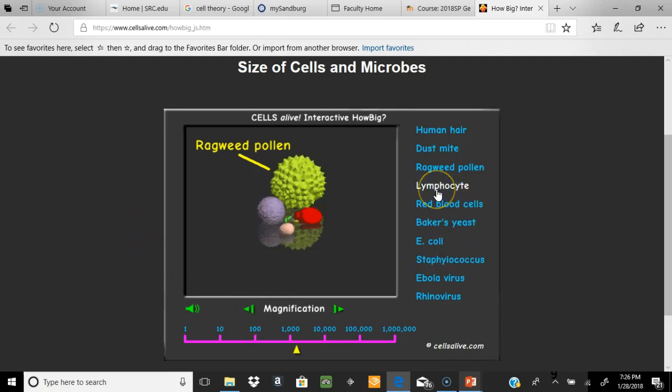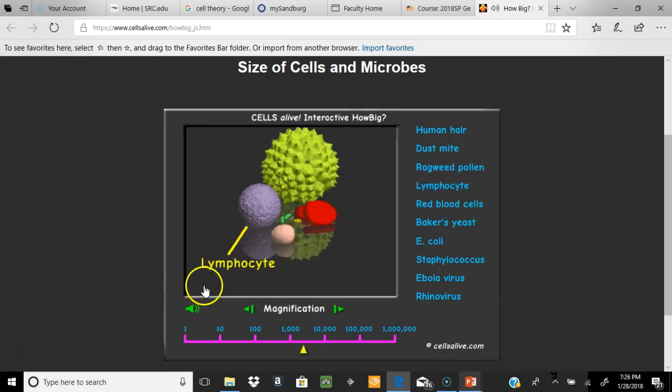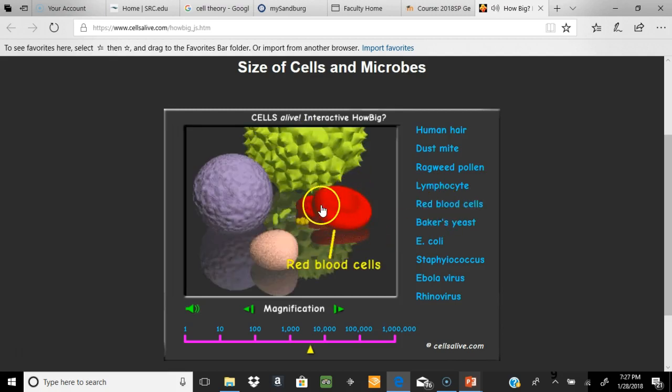So, that's a lymphocyte. A lymphocyte is a white blood cell that attacks specific pathogenic invaders. This is a eukaryotic cell. That's plant. Those are red blood cells.